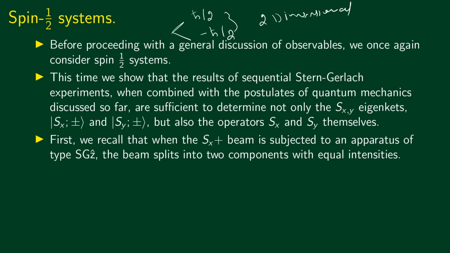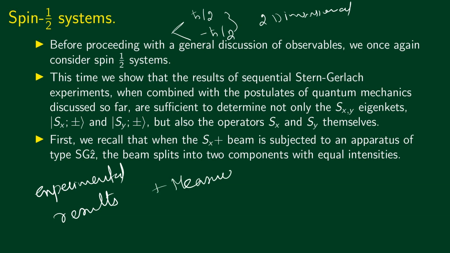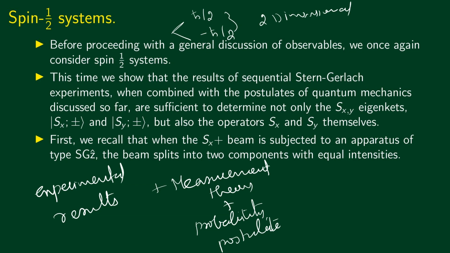So what are we going to show here? We have the results of sequential Stern-Gerlach experiments on the one hand. These results, when combined with the postulates of quantum mechanics, the measurement theory plus the probability postulate, as I'll call it, let us determine the Sx eigenkets and Sy eigenkets.